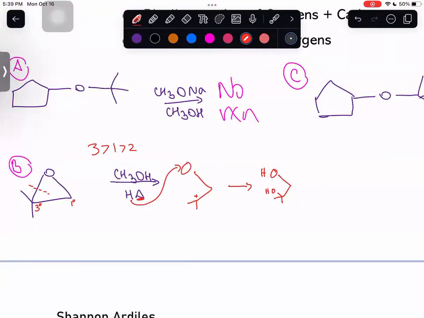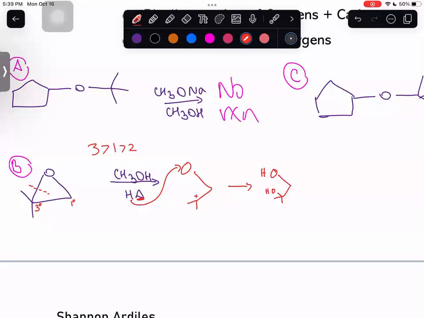Okay, what do we think? Left side. Do you guys agree? That's the difference. Exactly. So first of all, HA just means that you're doing an acid catalyzed reaction.